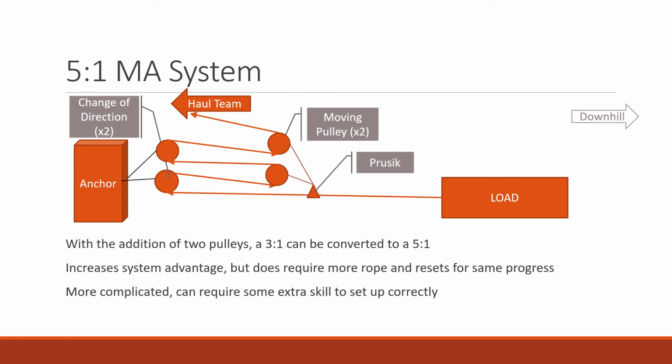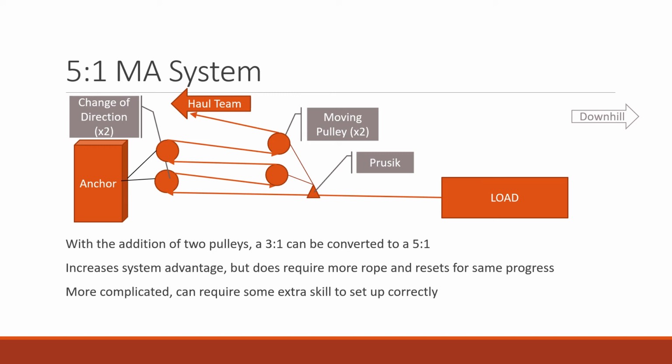Comes up to that prusik, runs through a change of direction pulley, runs out to a moving pulley. That's attached to the prusik. Then that runs back to a change of direction pulley, back out to a second moving pulley, and then the haul team pulls there. So we have 2 pulleys attached, so you get 2, 4, and then 5.